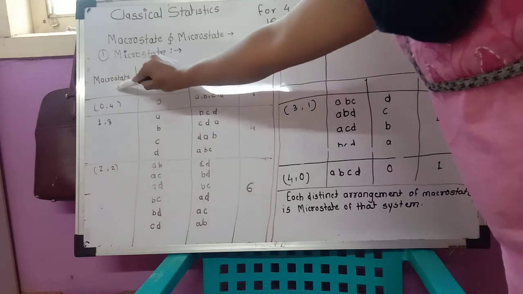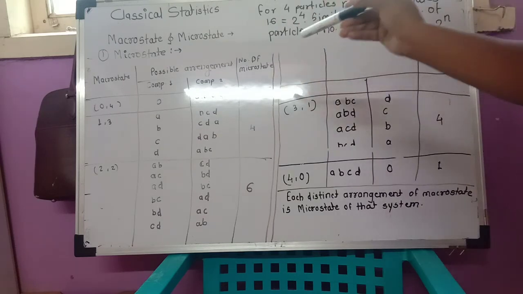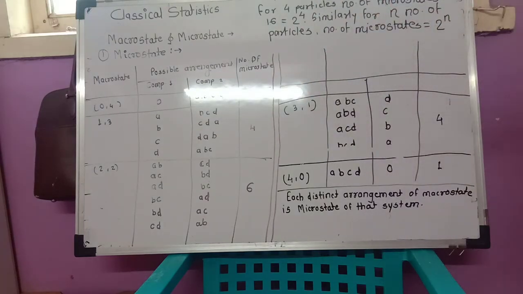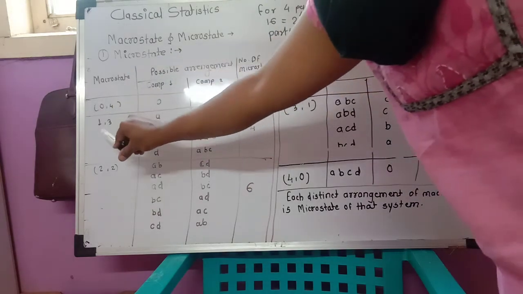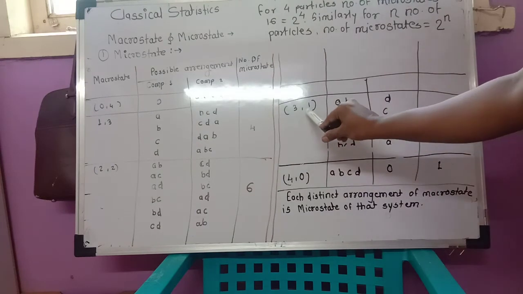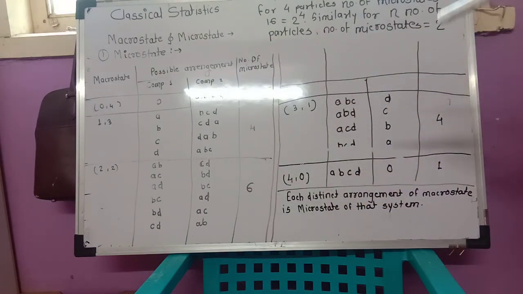This column is the macrostate. We saw before that the 4 particles have 5 different distributions, or 5 macrostates. Which are those? 0 4, 1 3, 2 2, 3 1 and 4 0. These 5 are the macrostates of the 4 particles.